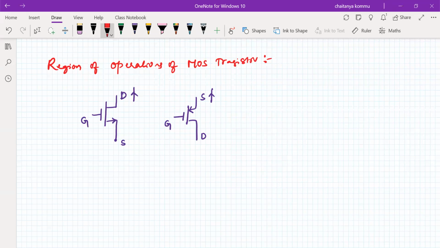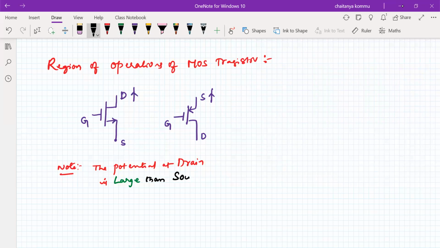I will write here, please note down this point. The potential at the drain is larger, or in general larger, than the source. This is in case of NMOS.